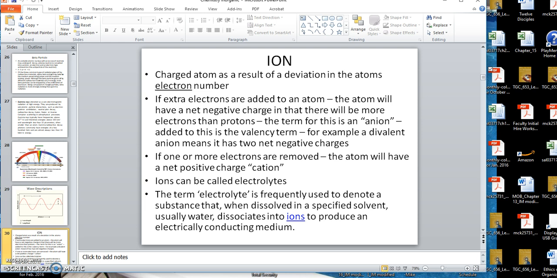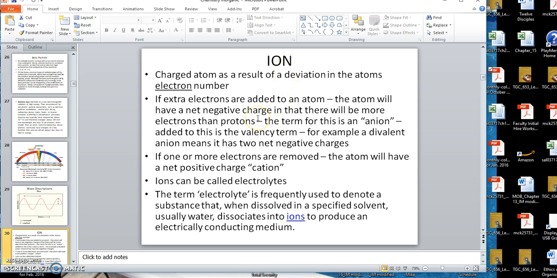These are charged atoms as the result of a difference in the electron number. If you add more electrons, which means you would have a dissimilarity between the number of electrons and number of protons, then it would be a net negative charge. If you take extra electrons away, it would be a net positive charge. So again, this is what we call an ion.